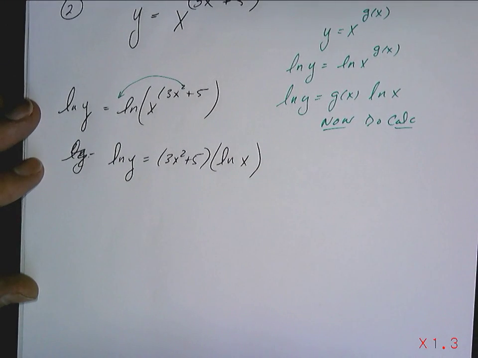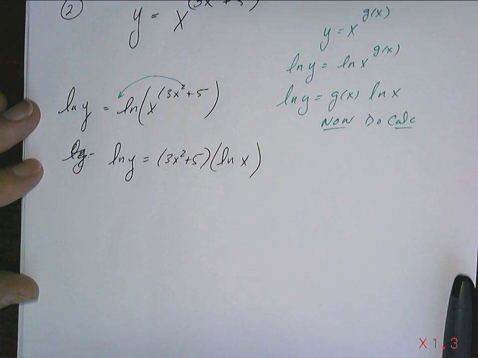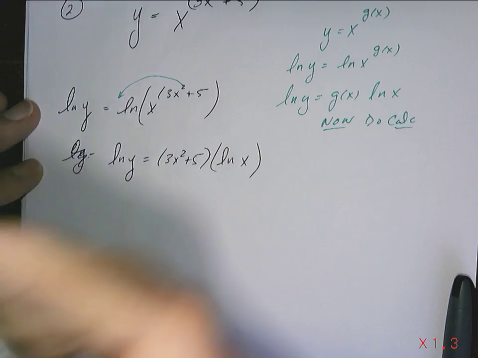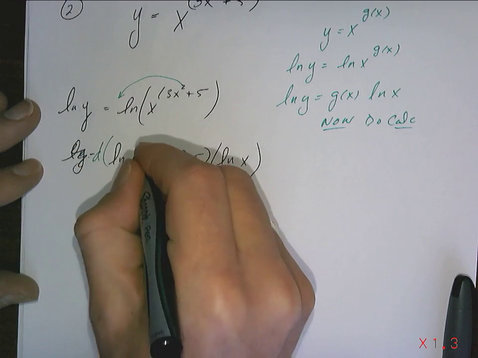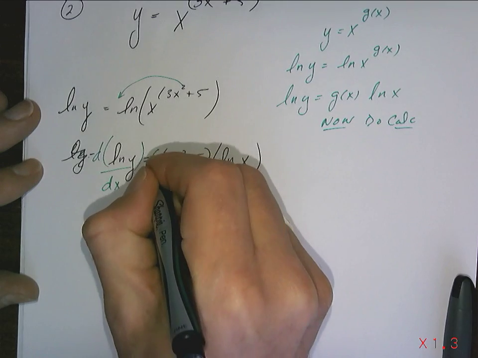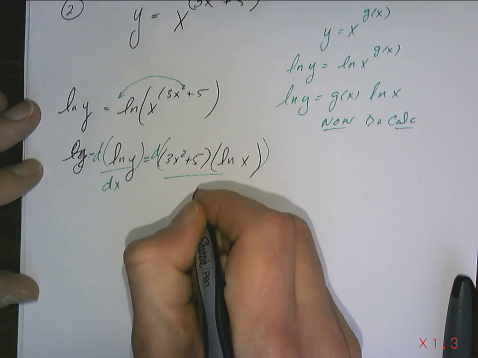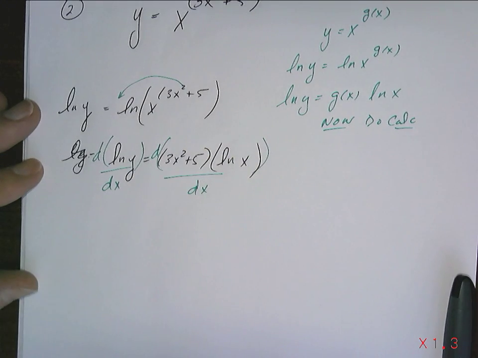So now we want to take the derivative of both sides. And to be honest with you, I'm kind of lazy, and I'd like to teach you to be a little bit lazy. Does that convey what I want it to convey?